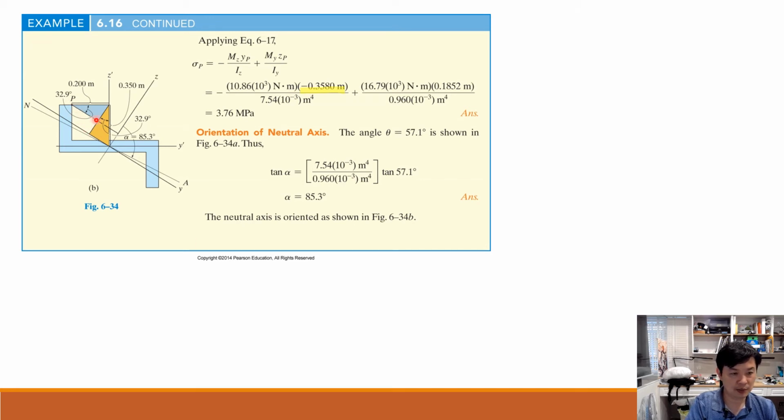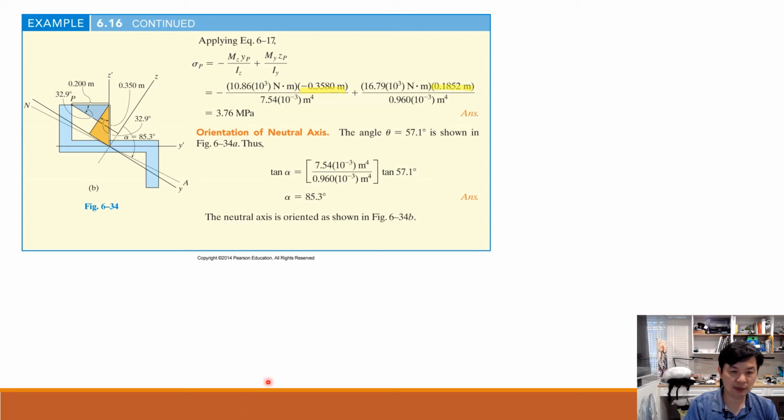You add this distance together with this one, and you get minus 0.358. That's the distance for y with a minus sign. And for the z direction, z would be this distance minus this one. You get 0.1852 meter. All right.